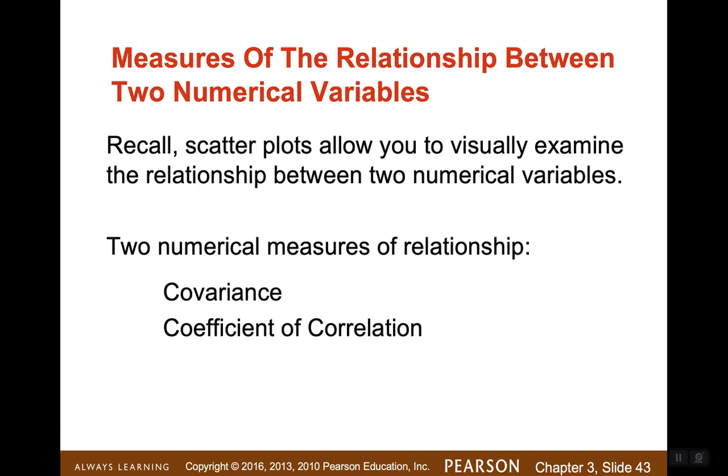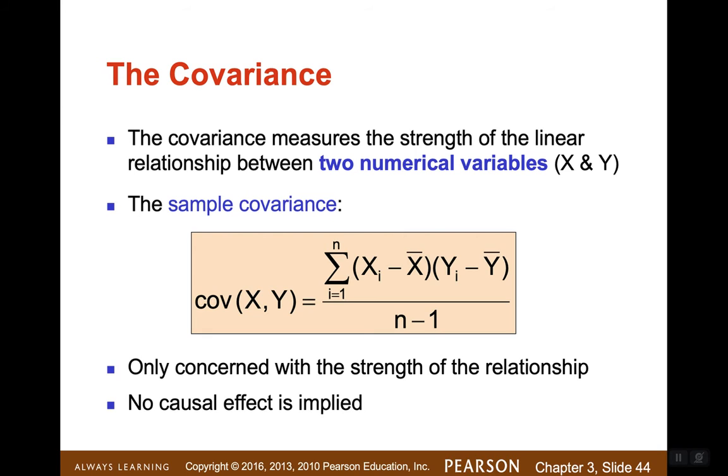They're the numeric versions of showing things on a scatter plot. So let's take a look at that. The covariance is the strength of the linear relationship between two variables. If one variable moves one way, what will the other do?